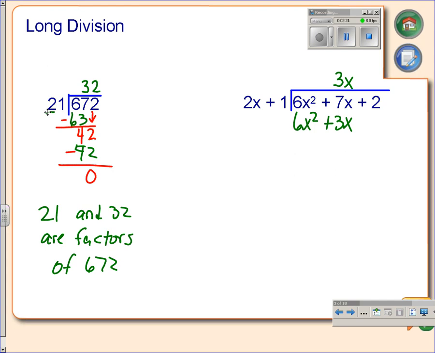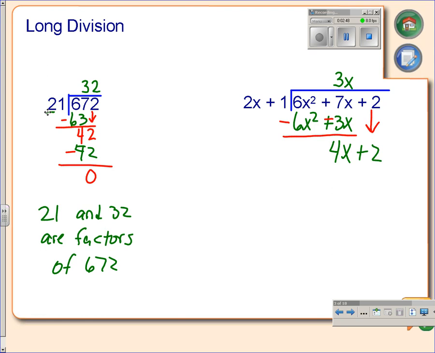And then we subtract. But when you subtract, you're just subtracting each term from the term above it. So 6x squared subtracts and equals 0, so I'm going to leave that space blank. 7x minus 3x is 4x. Then just like I brought down the 2 on the left side, I'm going to bring down the plus 2 on the right side.